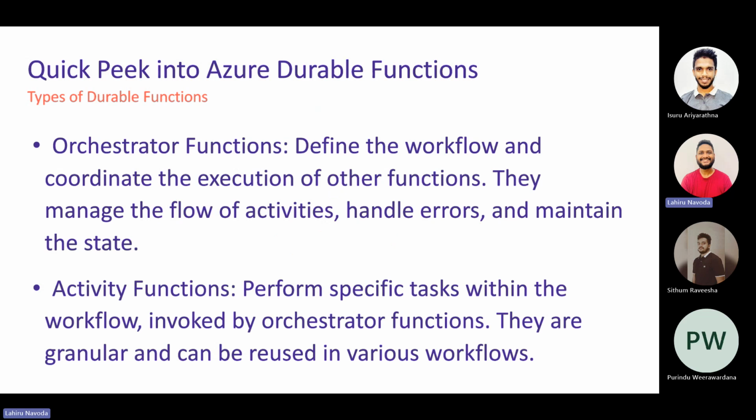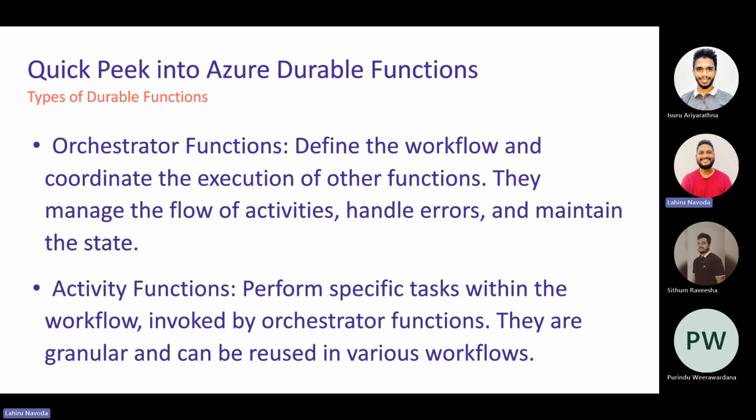And then I'll quickly explain the types of durable functions available. As I mentioned, there are different types when it comes to Azure durable functions. The first function type is orchestrator functions. This is the main function. It defines the workflow and coordinates the execution of other functions. For a workflow, there can be this main function, which we call the orchestrator function.